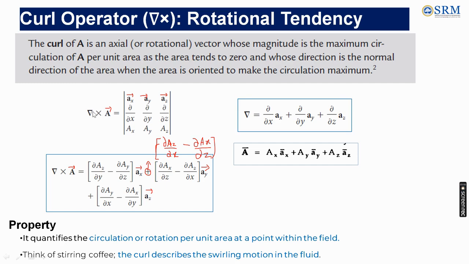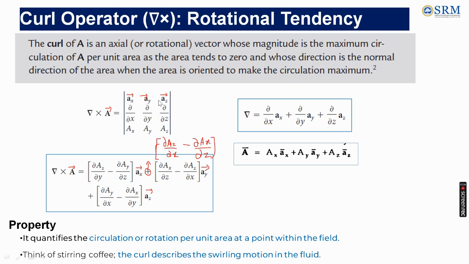So how do you define the del cross A vector? We already know the del operator is equal to dou by dou x into ax cap plus dou by dou y into ay cap plus dou by dou z into az cap. And we know how to write a vector in Cartesian coordinates. So we have to club these two and write the cross product. We know a cross product can be written in determinant form.